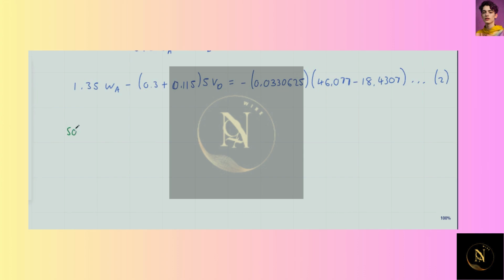So we can solve 1 and 2 simultaneously. We have two equations with two unknowns. We solve 1 and 2 simultaneously, and we get omega A to be 1.7663 radians per second. And hence, substituting back omega A, we get VD to be 1.58965 meters per second.